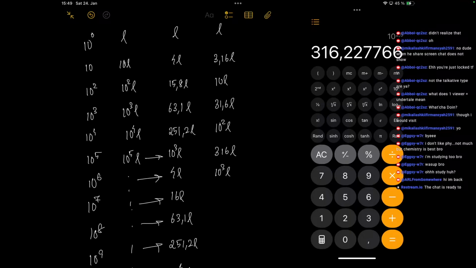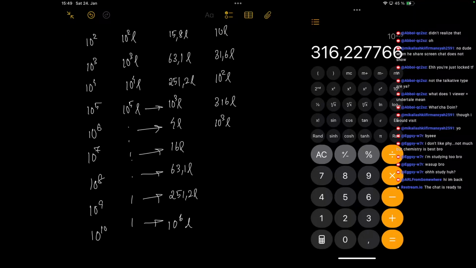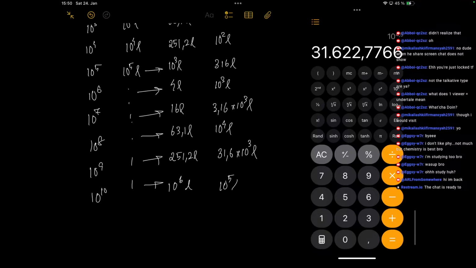That's again a big jump. Okay, but it's okay. 10 raised to 7 by 2. 3.5. 3,000. 8 by 2, 10 raised to 4. 4.5. 31.6 into 10 raised to 3 L. 10 raised to 5 L.